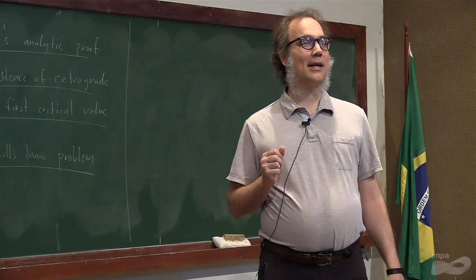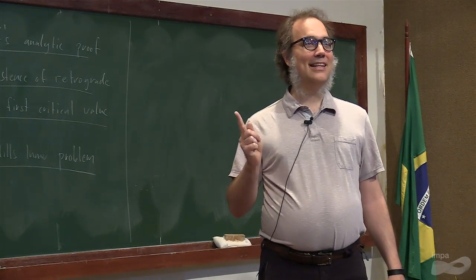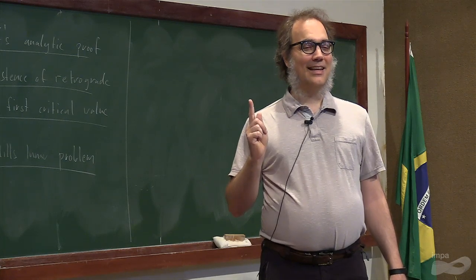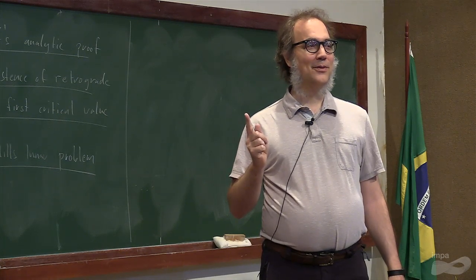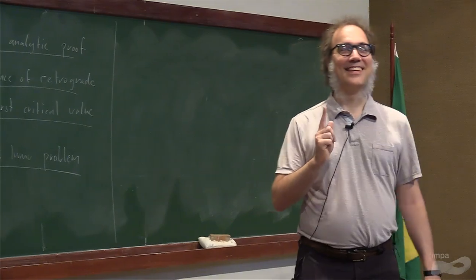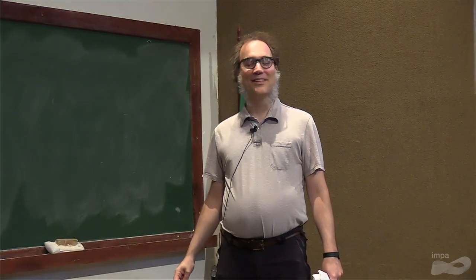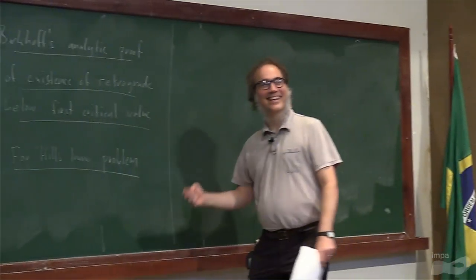How many do you expect? Recall we had 5 in the restricted three-body problem. Do you also expect 5? No. Good. So how many do you expect? Not 5. Yeah, that's correct.